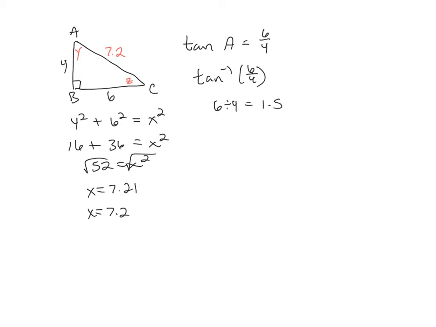Then you're going to press second, if it's not pressed already, and then you're going to press tangent -1. And you'll get 56.30, or just 56.3.